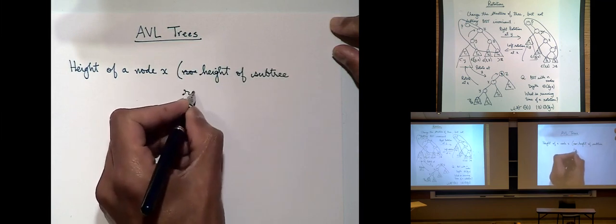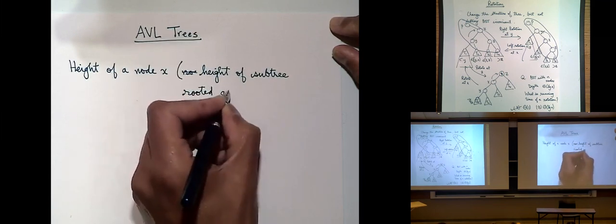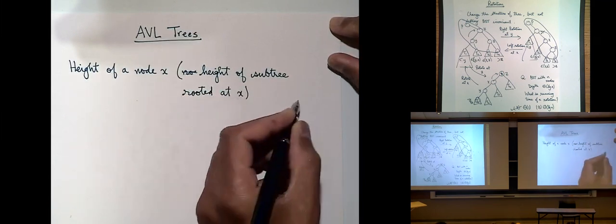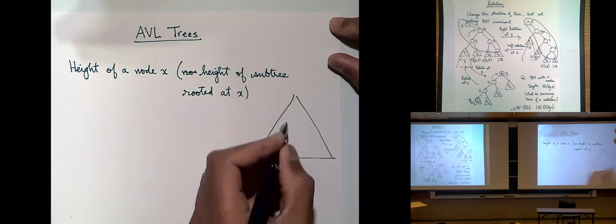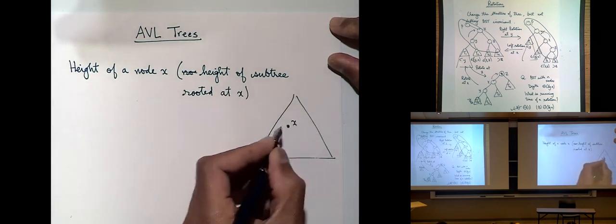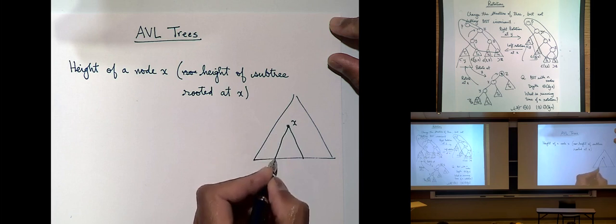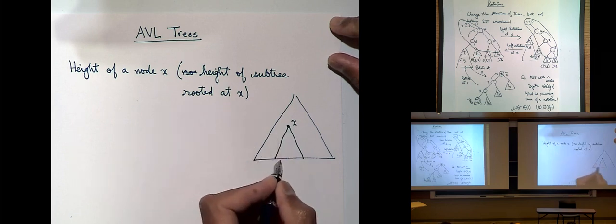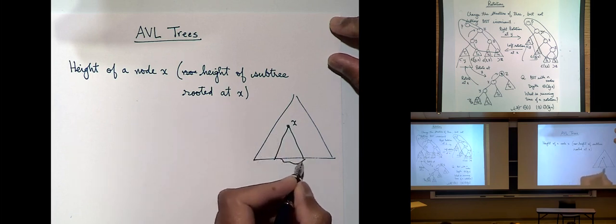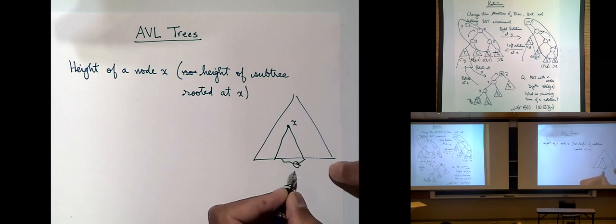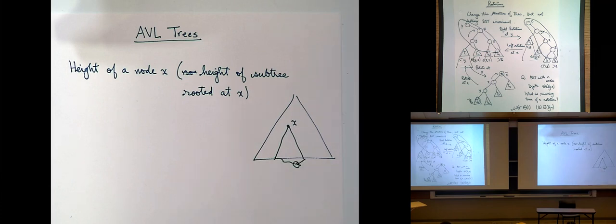So what we're saying is we have some tree here. Let's consider some node x. The height of x, or the height of the subtree rooted at x, is the distance of the furthest leaf from x in that subtree.